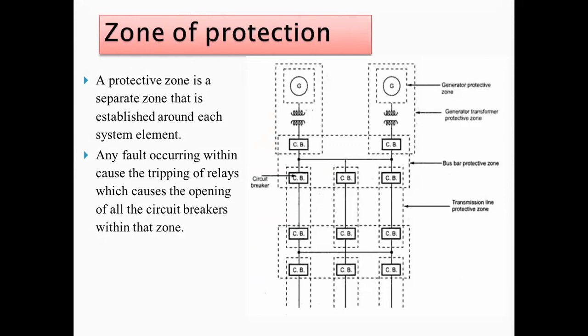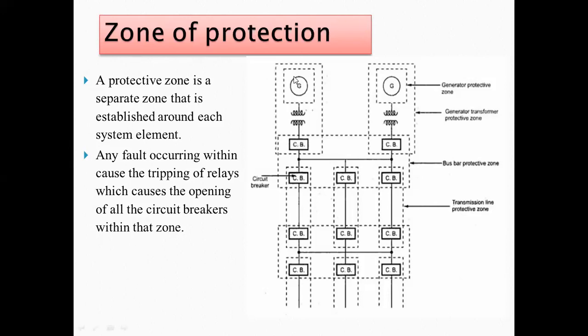Zone of protection means that when we are considering a transmission line or a power system, from the generating end to the load end, we are doing the partition of that line, the sectionalization of that line, right? We are protecting the generator side separately, so there are different zones of protection.